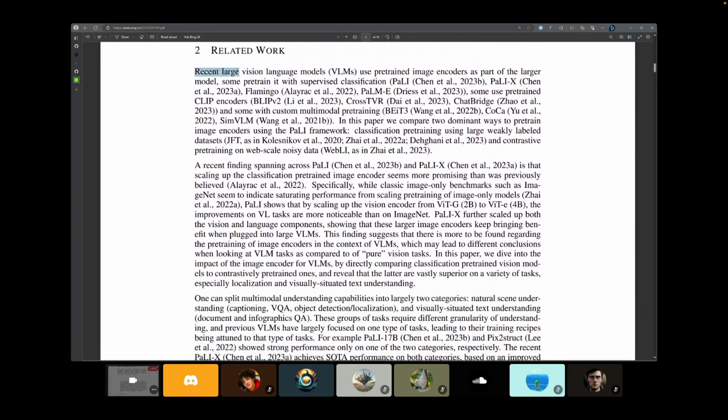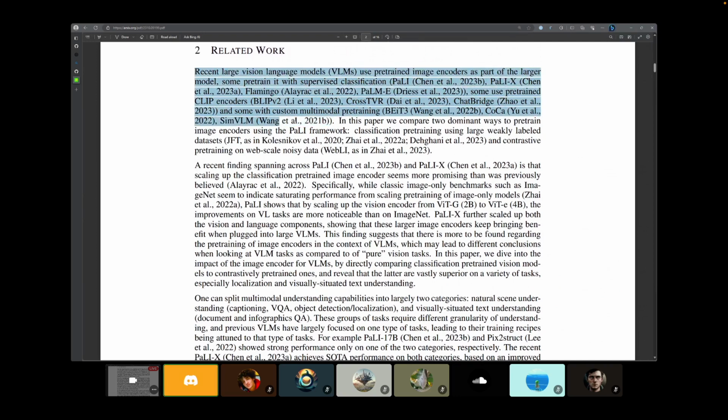Related work. Recent large VLMs use pre-trained image encoders as part of the large model, and some pre-train it with vision classification: PaLI, Flamingo, PaLM-E. Some use pre-trained CLIP encoders, and some use custom multimodal pre-training.